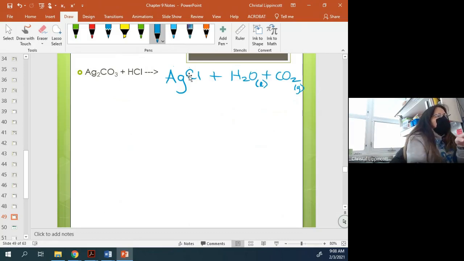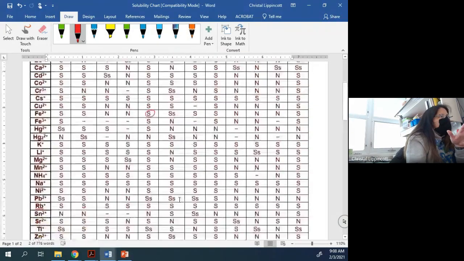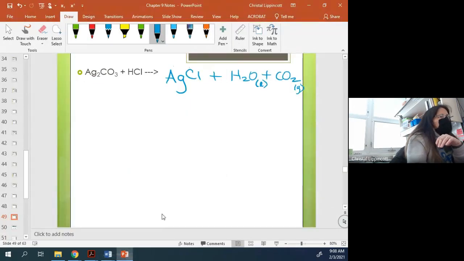We still need to go back and check and see if silver chloride is also a solid or if it's aqueous. So I'm going to find silver chloride on here. Silver chloride comes in right here. So when I go back, I'm going to write a solid in for this.